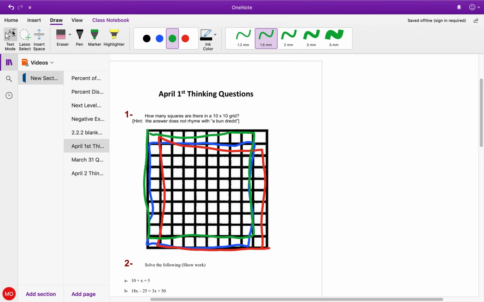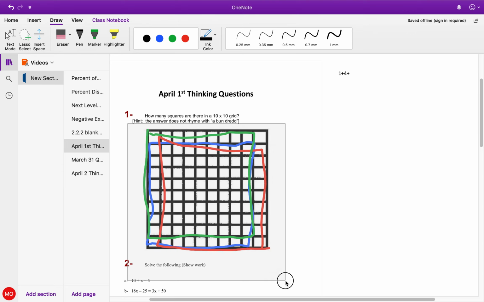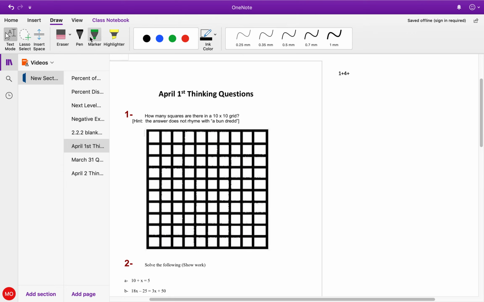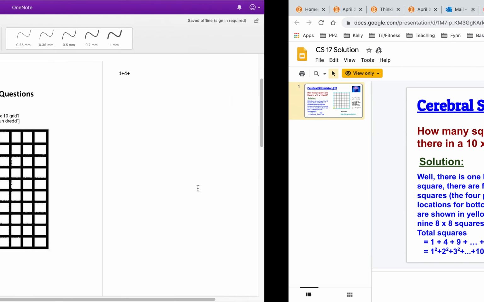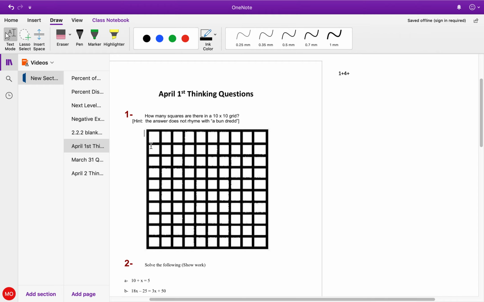Okay, so if you think about it, we have one 10 by 10 square plus four 9 by 9 squares, plus if we did 8 by 8 squares, we actually get 9 of those in here. If I did a couple 8 by 8 squares, I go here, here, here.